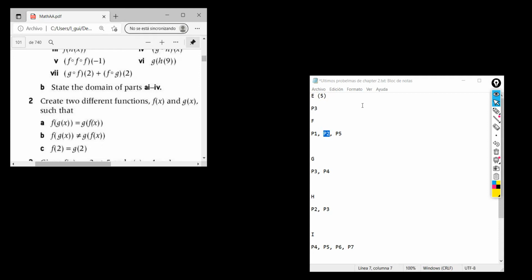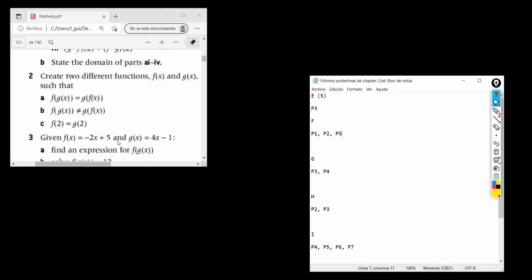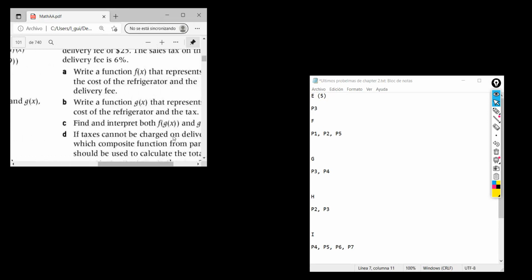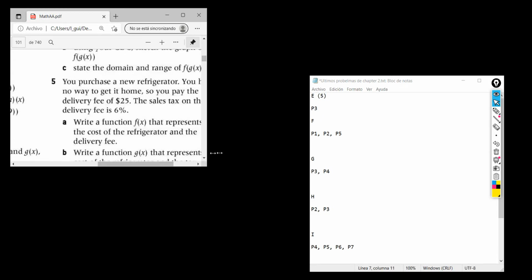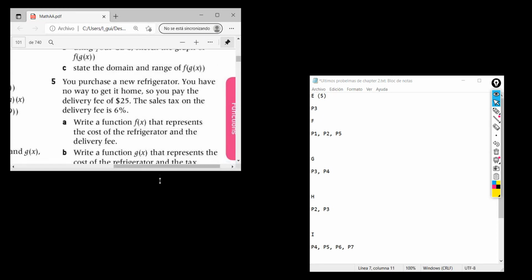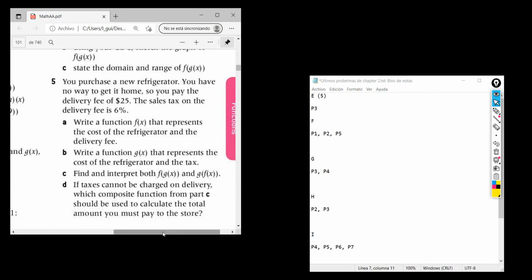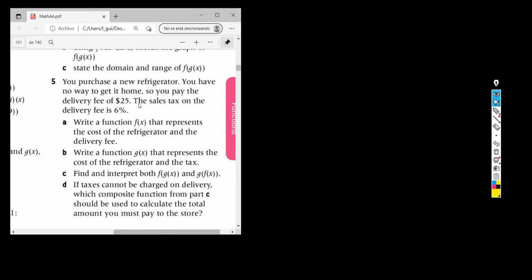Now let's jump to problem number 5, which is this one right here. Let me make a pause so I can read it completely. No, class, don't do this either. This is confusing. I don't know what these composite functions could possibly mean in this regard.